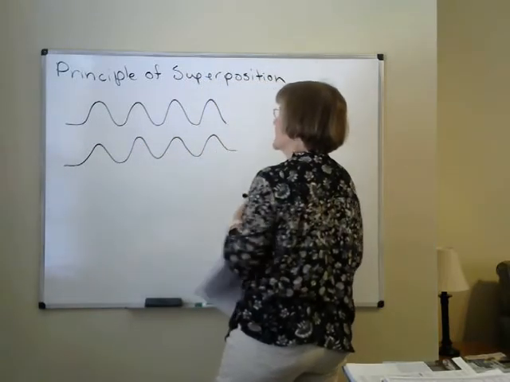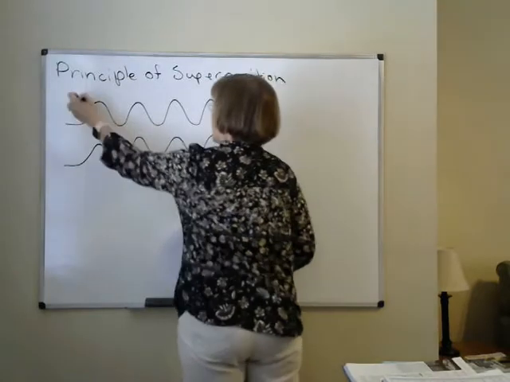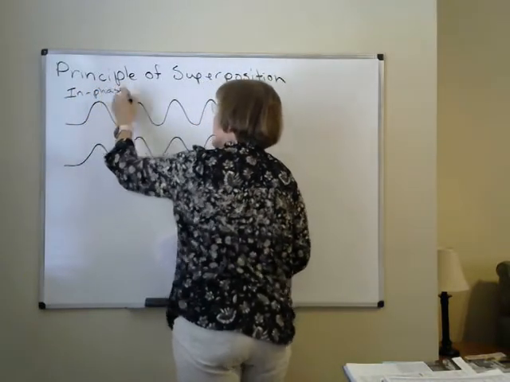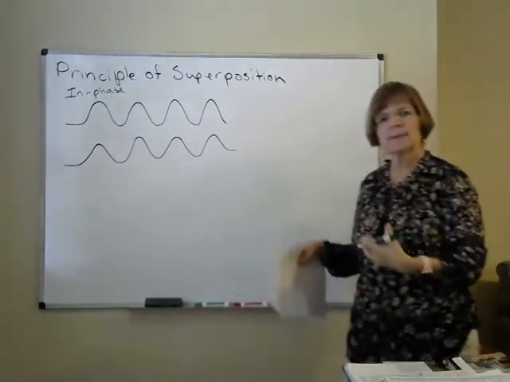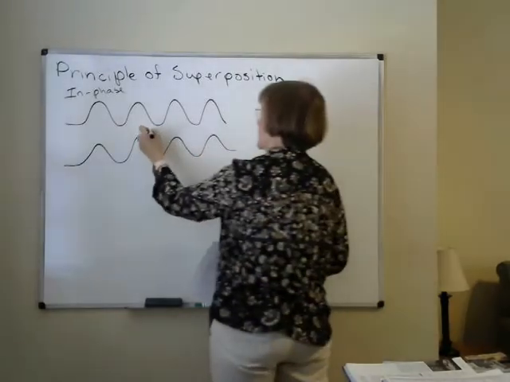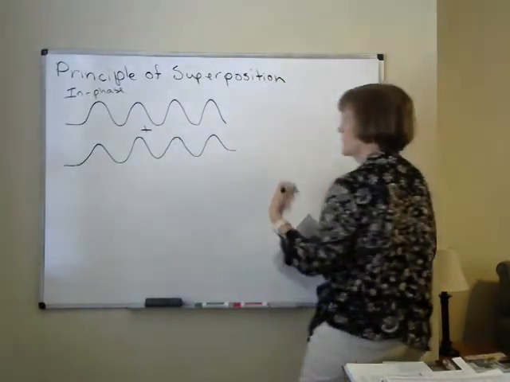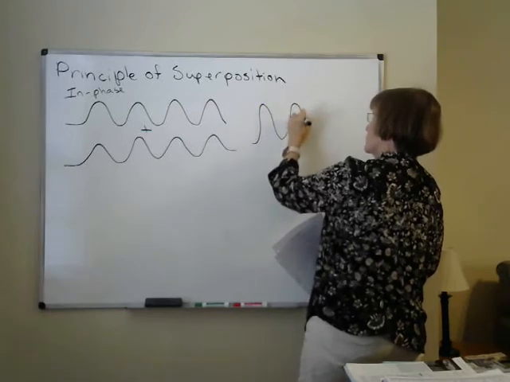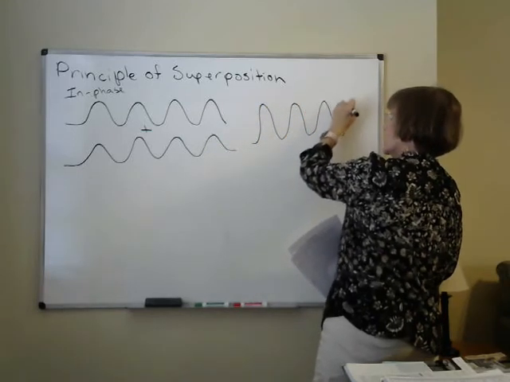If they're exactly alike and they are in phase, that means both waves have their maximums at the same point, both waves have their minimums at the same point. That's going to be a case of perfectly constructive interference if you add those together. You'll get a wave that looks just like it, but with twice the amplitude.